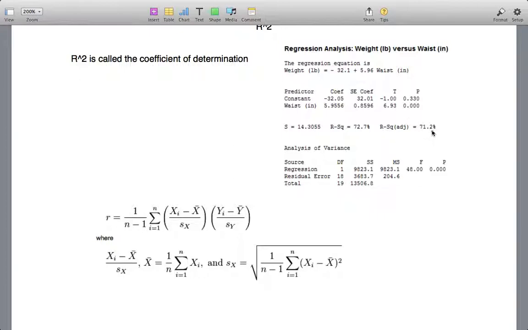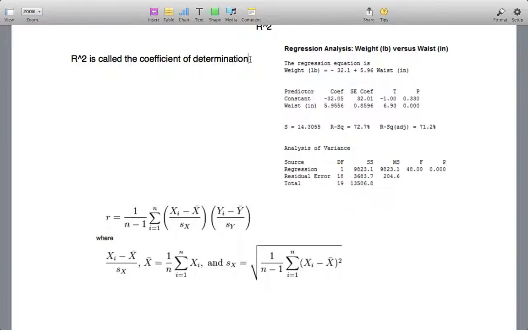That is, R squared adjusted is very similar to R squared, except for the fact that it takes into account that there could be some error in the way that we've computed the population. So R squared adjusted might be a little bit smaller than your R squared value, but R squared adjusted is never greater than your R squared value.